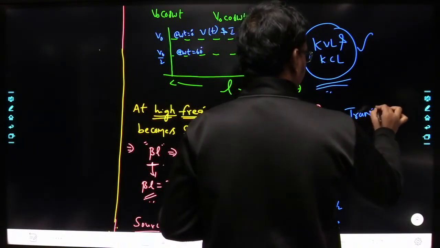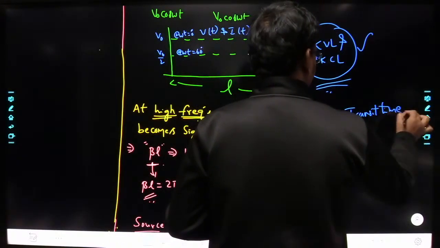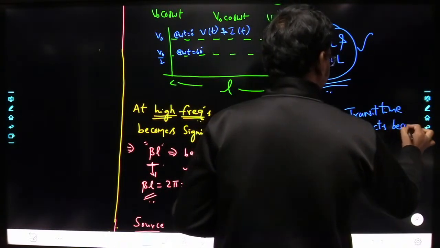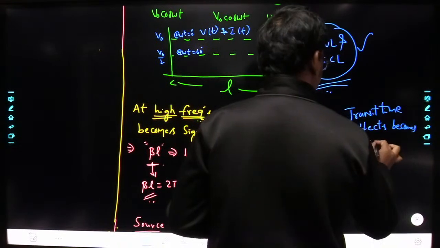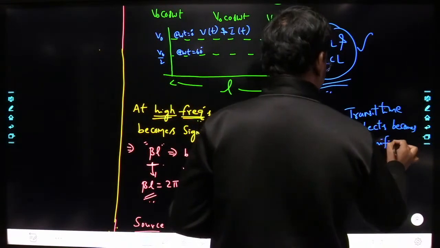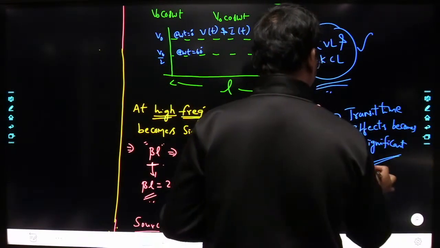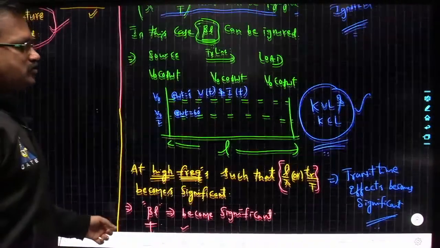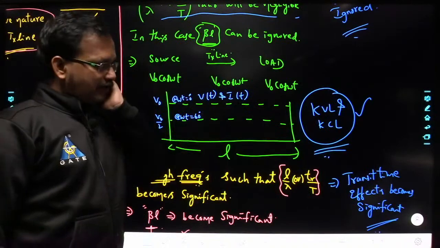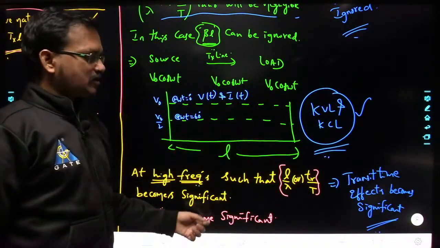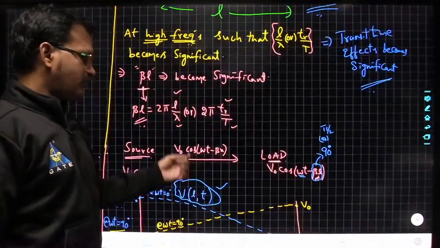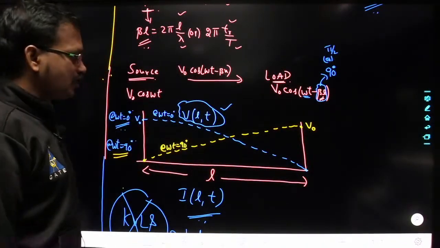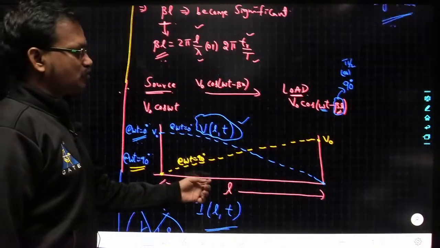Understood? I have explained why we are able to apply KVL and KCL in one case, whereas we are not able to apply KVL and KCL in the other case. All these things I have explained in the previous session itself. So please go through them.